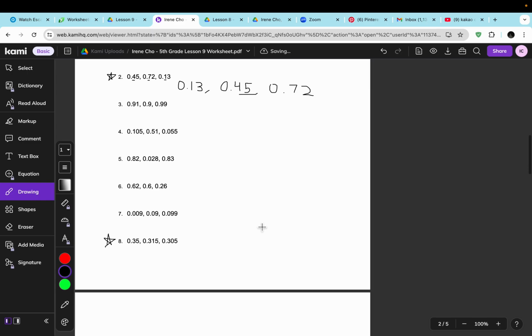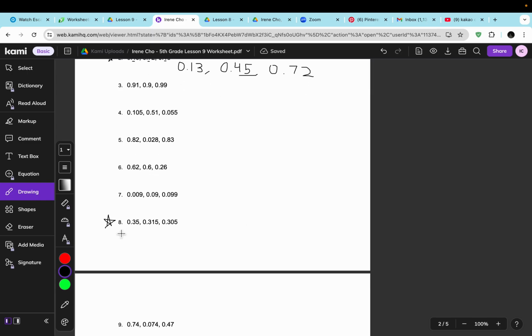I'll do another one. For number 8, 0.35, 0.315, and 0.305. We have to look at the first digit after the point, but they're all 3s. So we have to move on to the next number, which is a 5, a 1, and a 0.